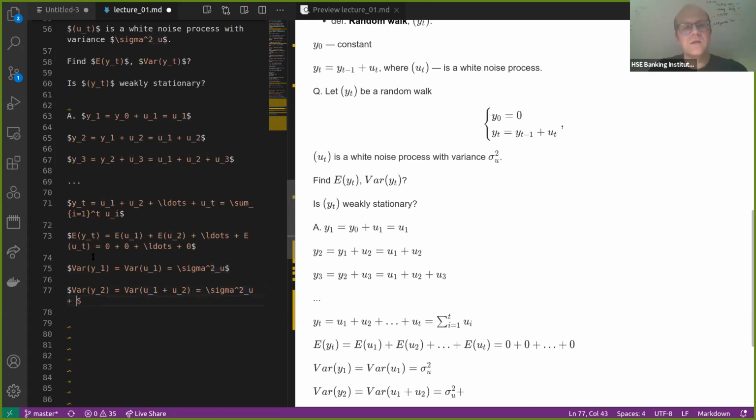We know that these two random variables are uncorrelated, it's an assumption of the white noise process. So I simply add variances, because the variance of a sum is the sum of variances for uncorrelated random variables. It's equal to 2 sigma squared u.